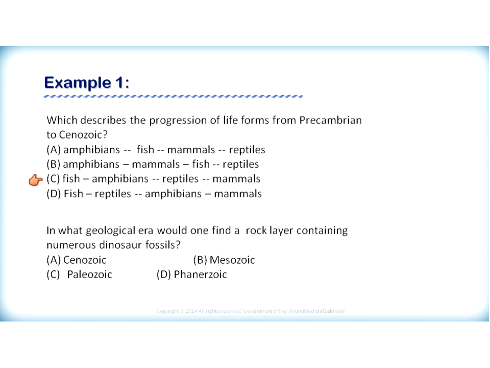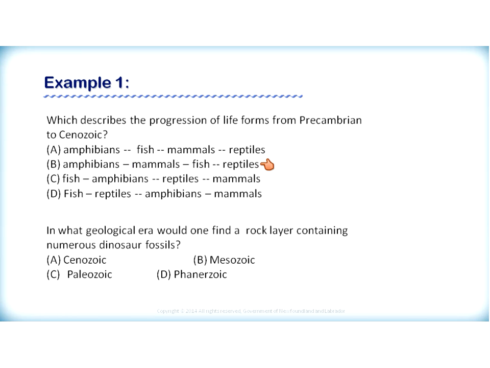Also, when you look at the answers here, notice that amphibians would be the first choice, but reptiles, in this case, would be your last choice. And we know that amphibians were directly followed by the reptiles.